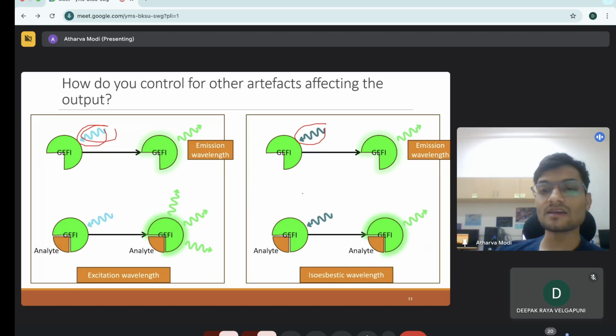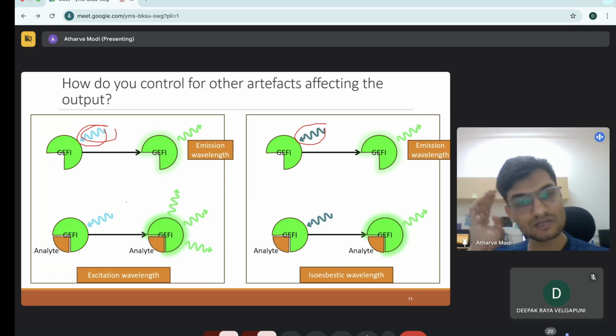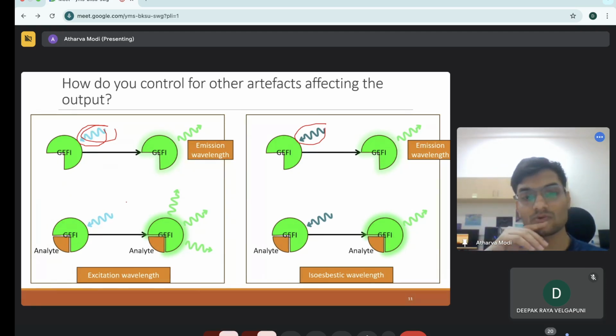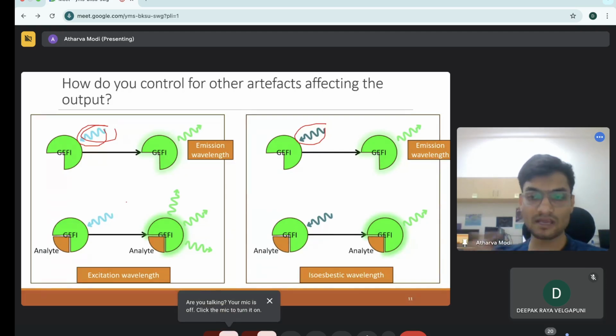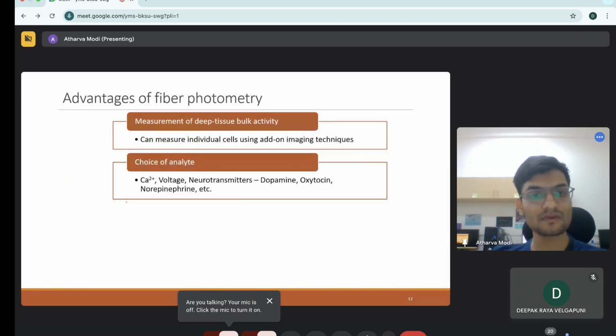So any change due to movement will be proportional in both the cases. That assumption makes it possible to control for other artifacts which affect the output. This is an interesting way to deal with the external signals affecting our emission intensity.